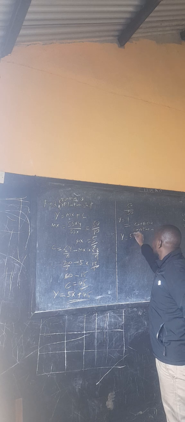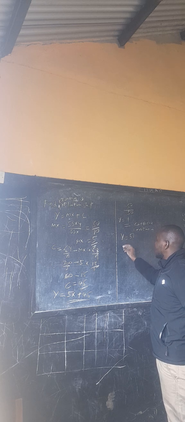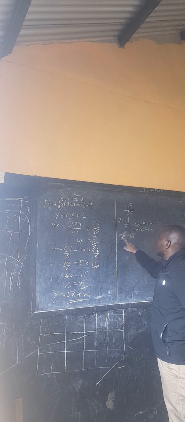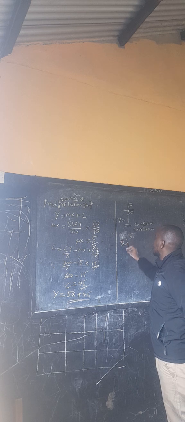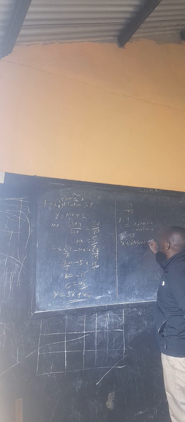So our y was skin dehydration, which is equal to 5 liters of water plus 45. That is your final explanation on correlation coefficient.